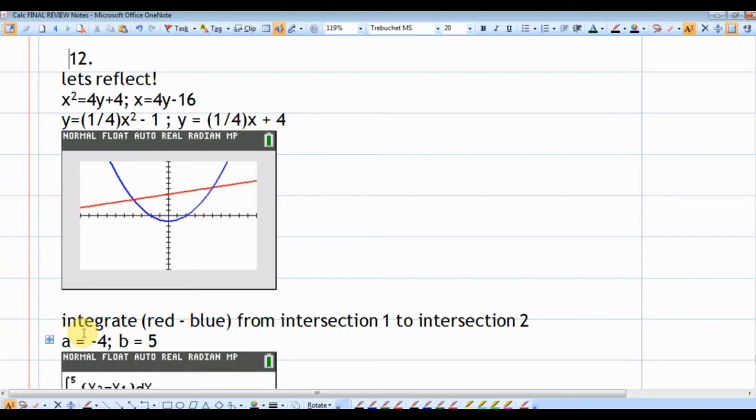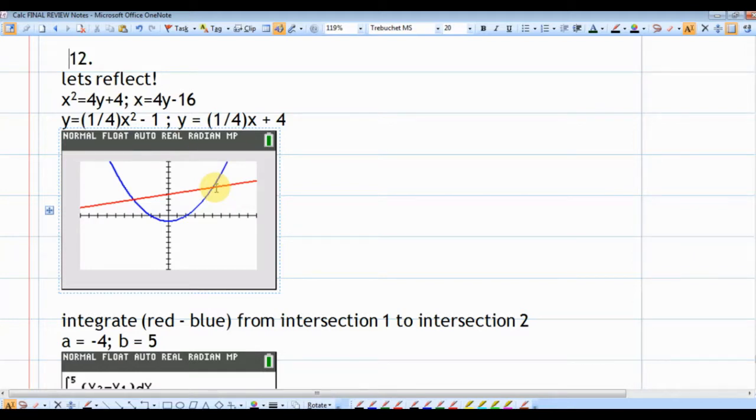We've taken care of that problem too. Okay, our intersection points, A equals -4, B equals 5. So -4 is the x-coordinate here, 5 is the x-coordinate here.